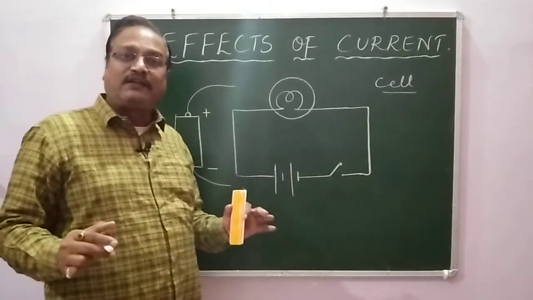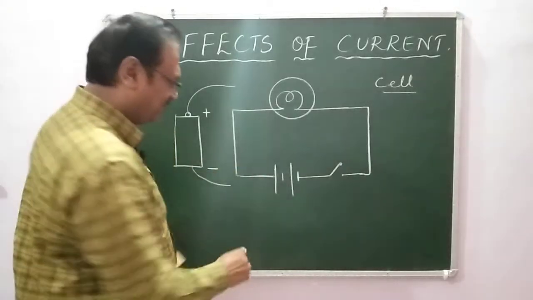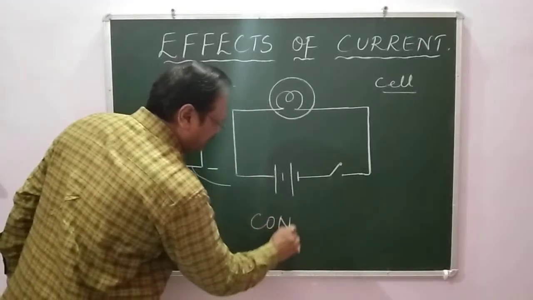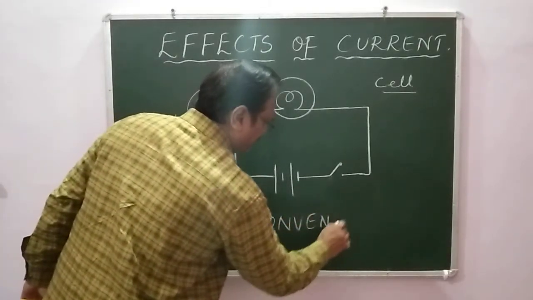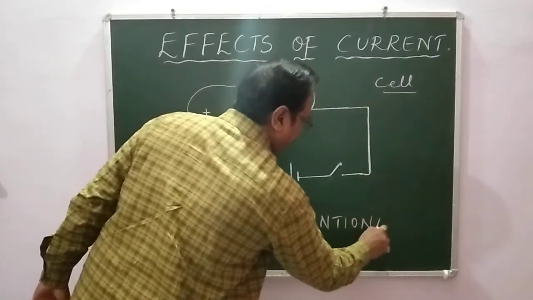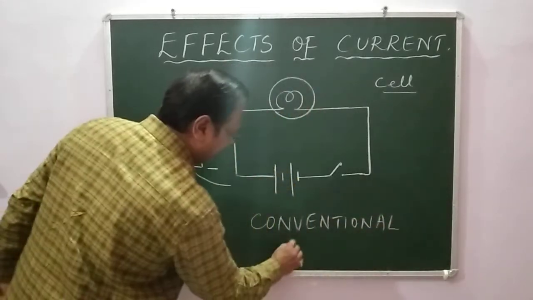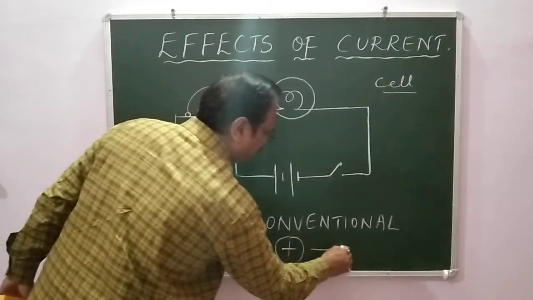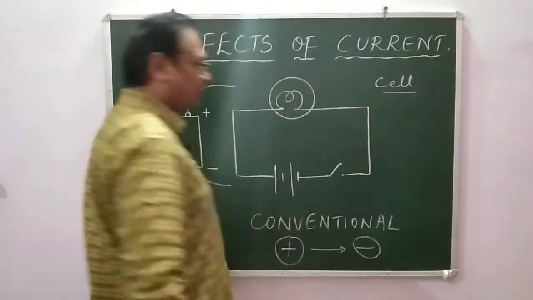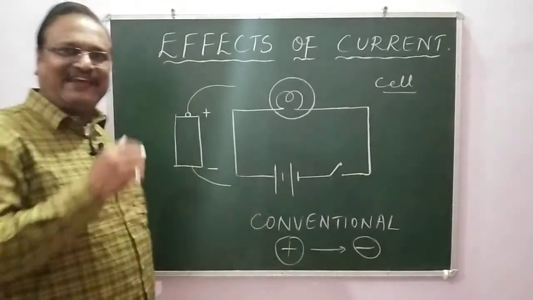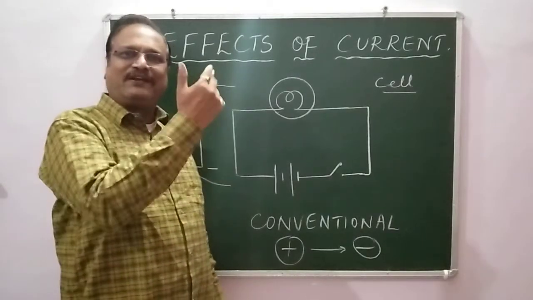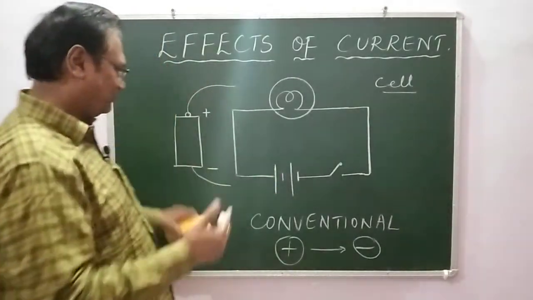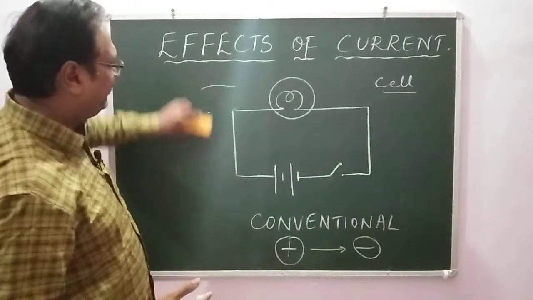This is called conventional current. Conventional means the old method. It is always said that it travels from positive to negative. But really, electrons flow from negative to positive. You will learn more about it later.